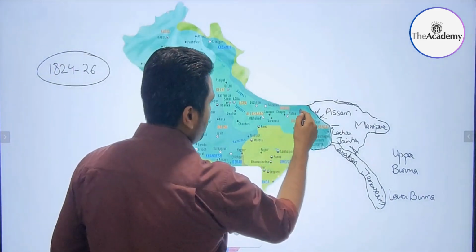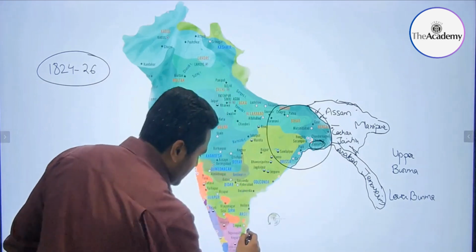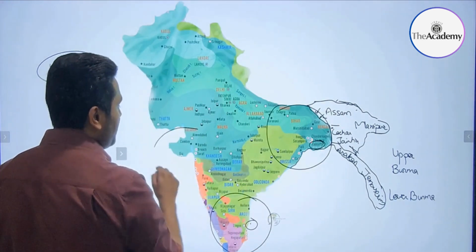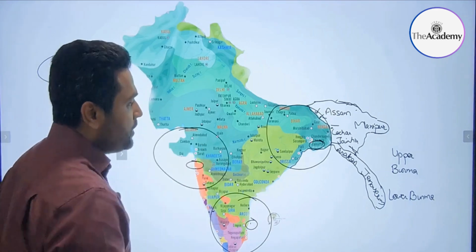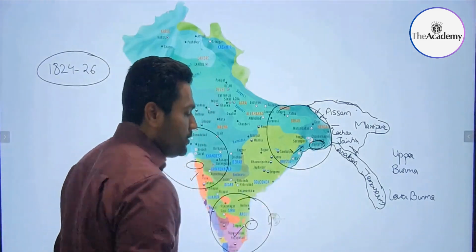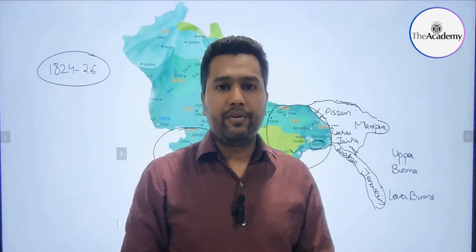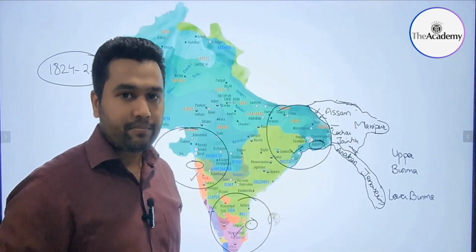For example, we had the Calcutta Presidency, we had the Madras Presidency, and we had the Bombay Presidency. All these three presidencies had their own legislative councils, governors, executives, and they functioned independently.